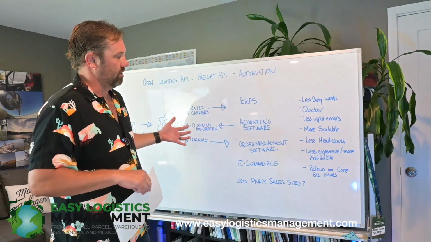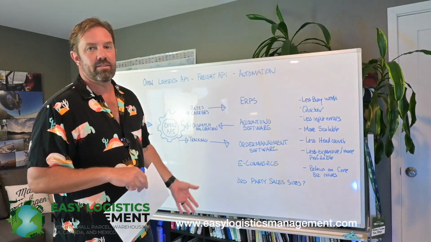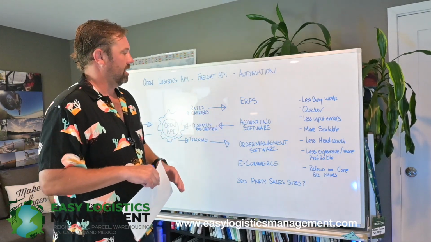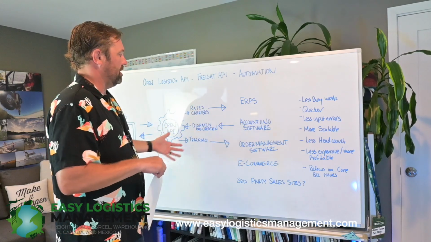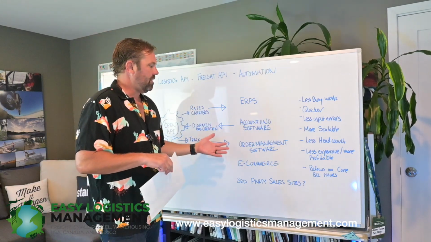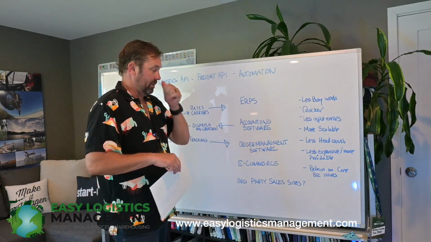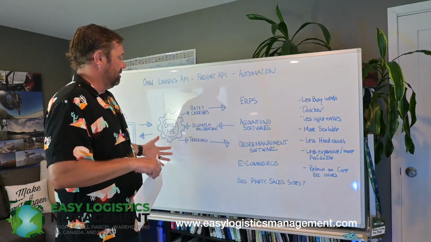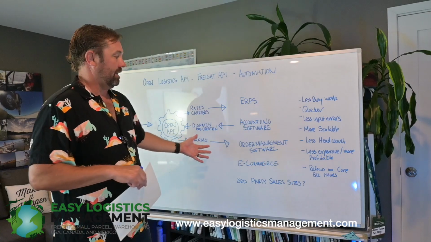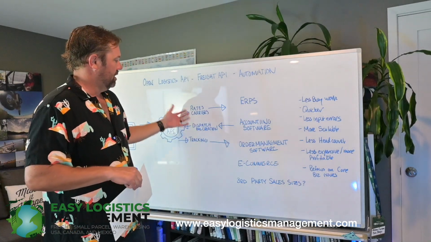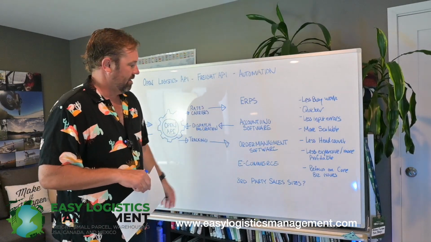So if you're receiving orders and pushing them through your accounting system through a module that communicates in API, this open API can help you with that. Order management software platforms, if your orders are pushing through this way and you want to dispatch, track, trace, and select carriers through your order management system, that can be done with an open API.